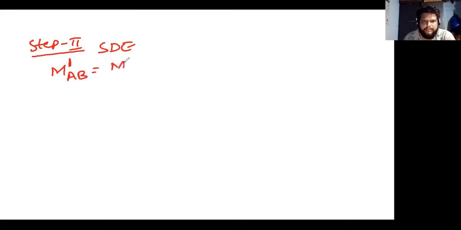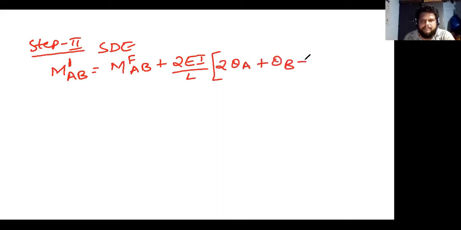M dash AB equal to MFAB plus 2EI by L, 2EA by L. In our question, EI is constant, okay? 2EI by L times 2 theta A plus theta B minus 3 delta by L. This problem is not with respect to any sinking. Okay, if there is no sinking, this is 0. And what about theta A?